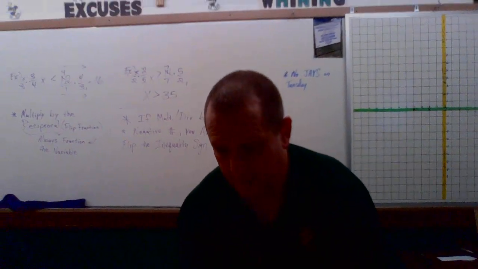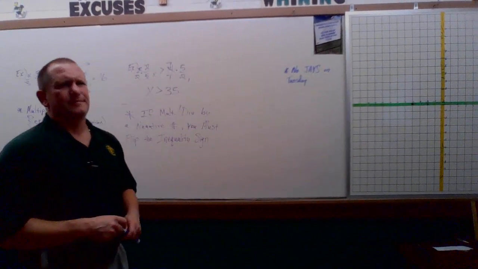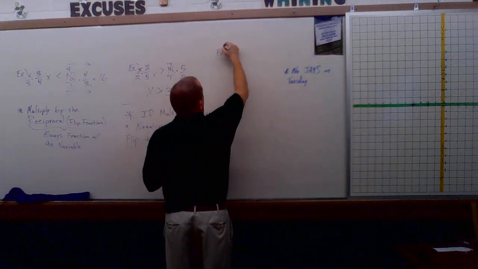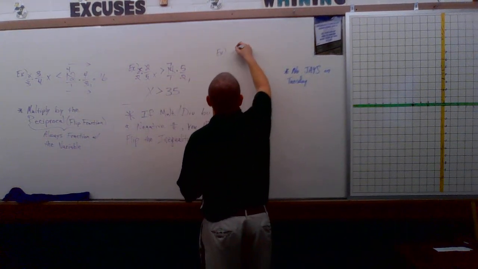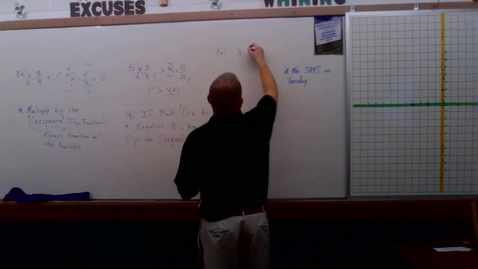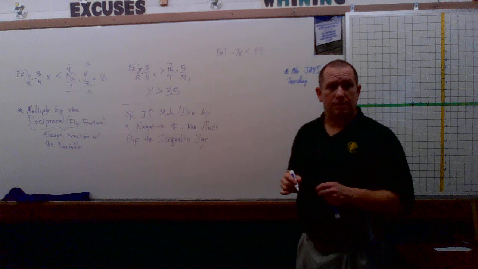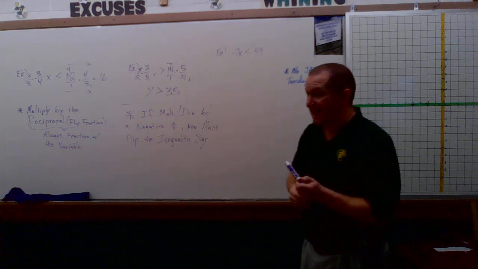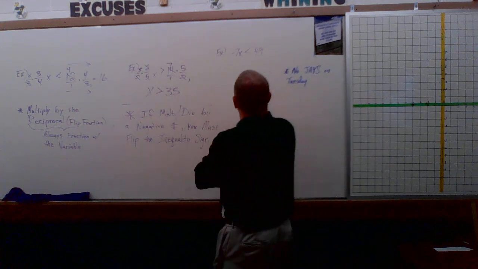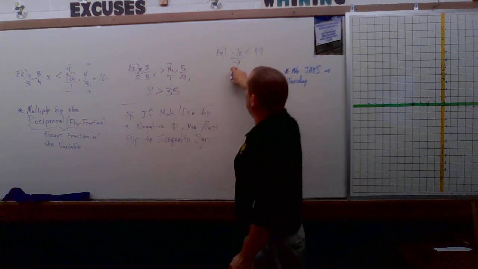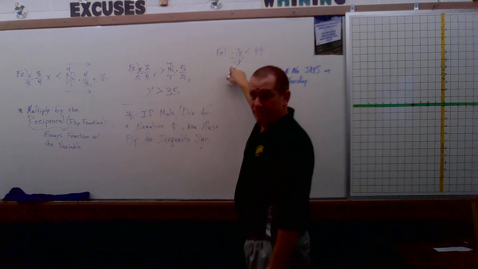So, let's look at some of these. We make it easy. Negative 7x is less than 49. Again, I'm going to divide by the number that's with the x. When we talk about dividing by a negative, it's when the bottom number is a negative.